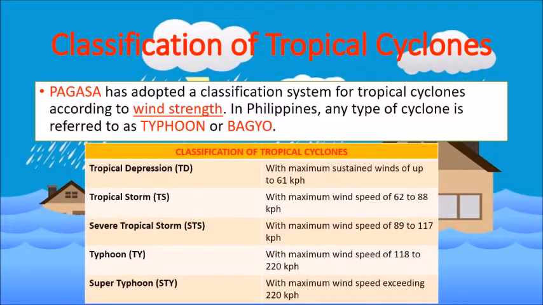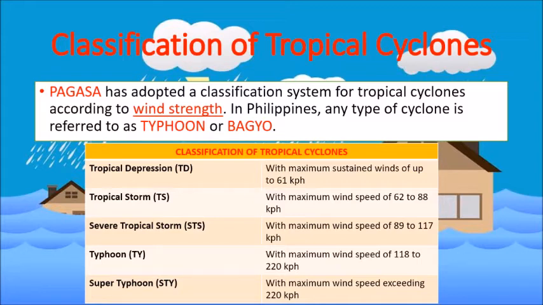These are the classifications: tropical depression, tropical storm, severe tropical storm, typhoon, and super typhoon. So how can we say if the cyclone or the bagyo is a tropical depression? It's according to wind strength.